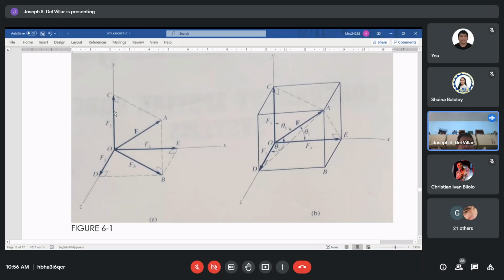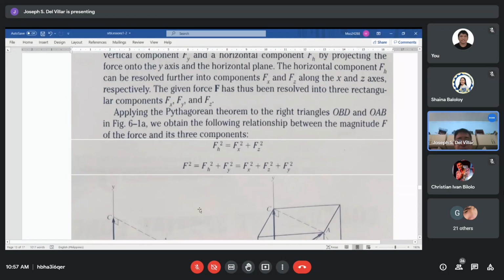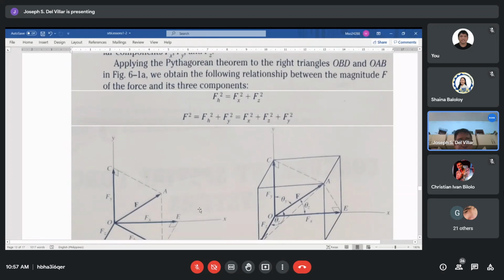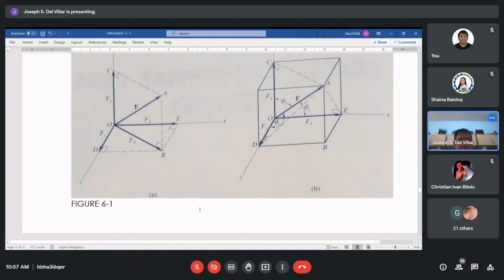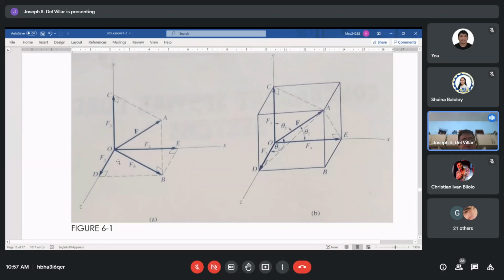Fy is from O up to C. And from O to D, that is Fz. So those are the three components of F.